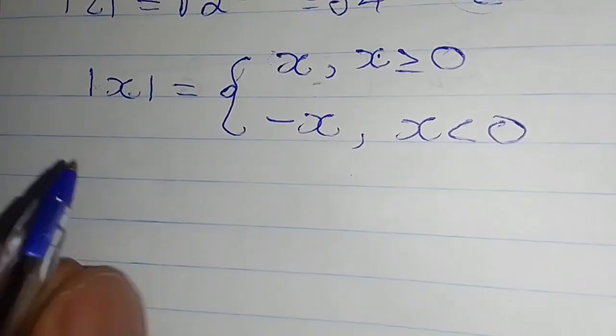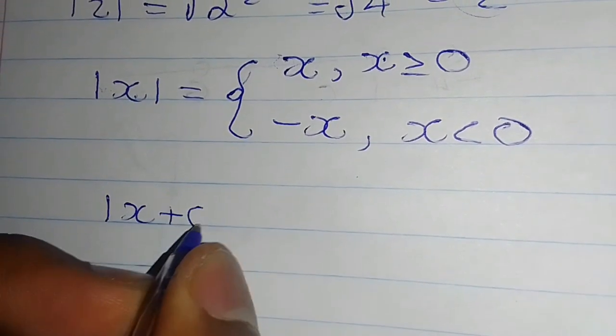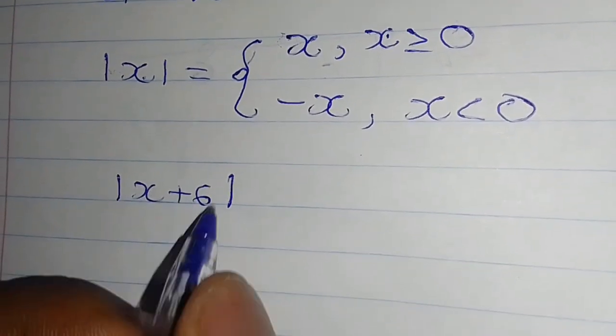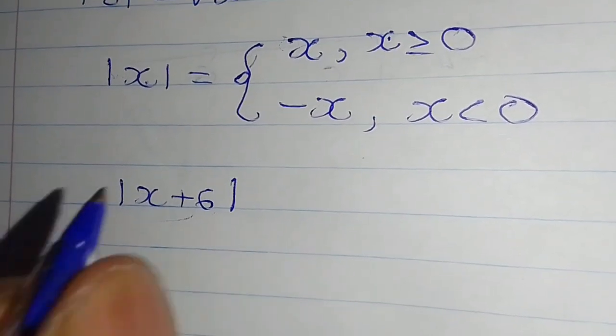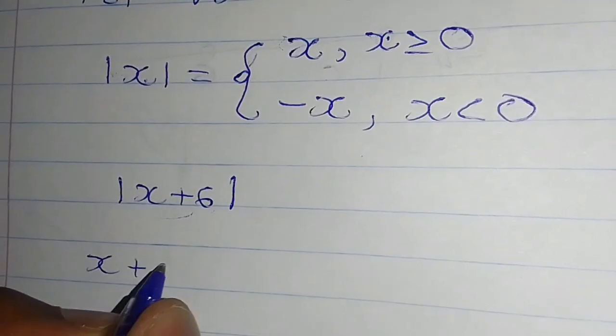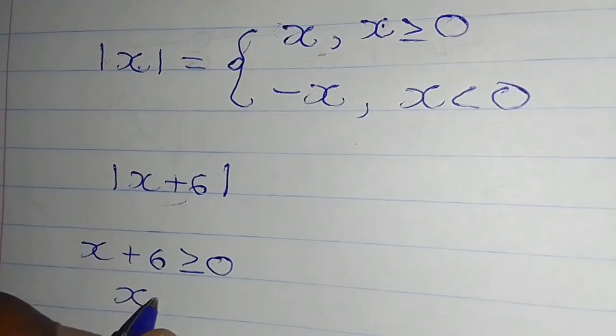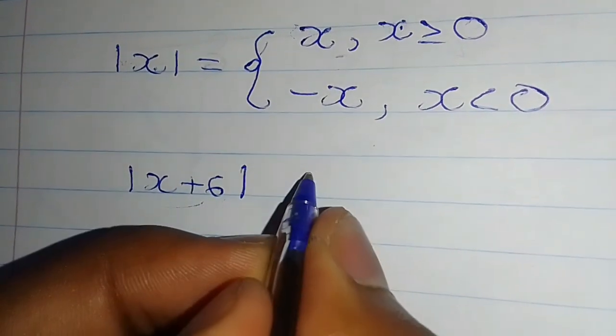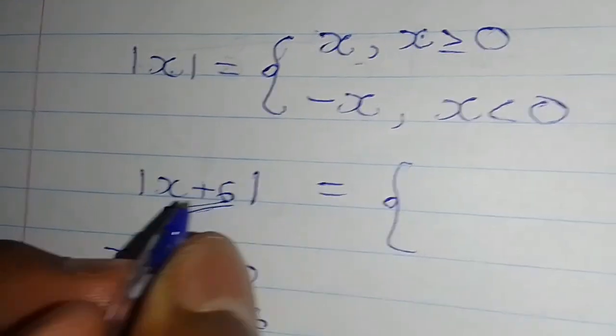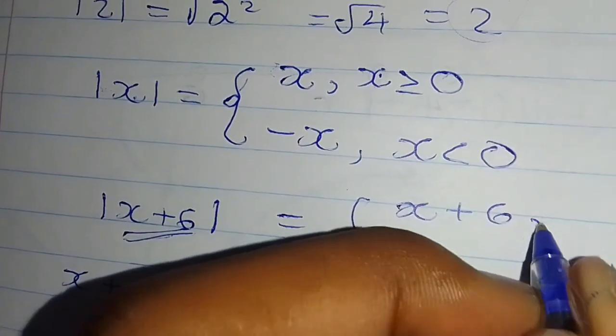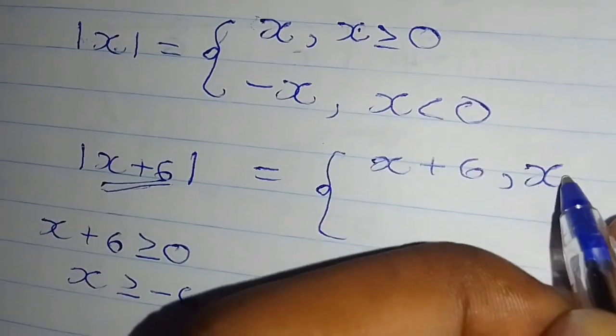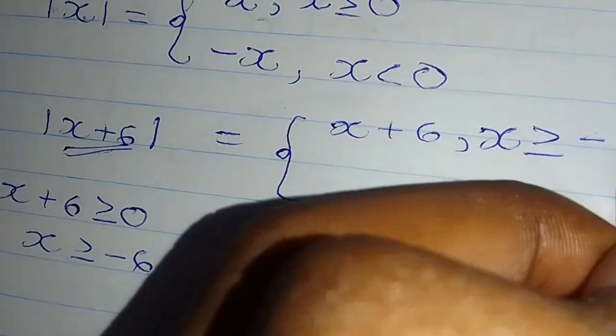For example, if you have the absolute value of x plus 6, you look for where this region is positive. If you set x plus 6 greater or equal to 0, you get that x is equal or greater than -6. So this will be defined by x plus 6 as long as x is equal or greater than -6.